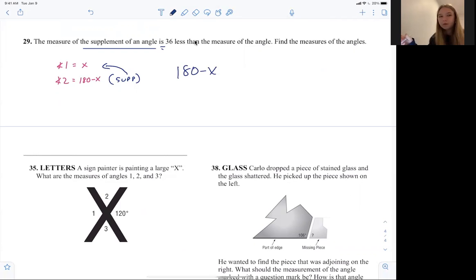Is means equals 36 less than the measure of the angle. X minus 36. That's how I think it should be done. And when you work that out, you get 2X equals 216. So X is equal to 108.